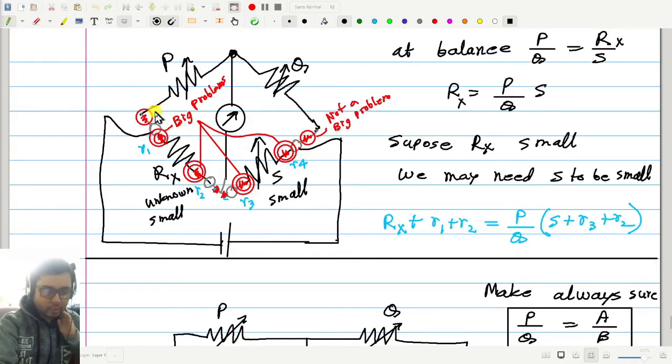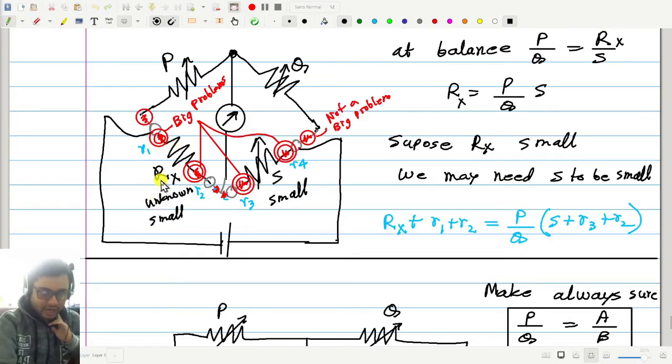If you want to measure a low value resistance using a Wheatstone bridge, these are the four arms of a Wheatstone bridge, and suppose this is a low value resistance that you want to measure, and when you connect it with leads, etc., there will be junction resistances which will come in series with the actual resistance, and that will cause wrong measurement.